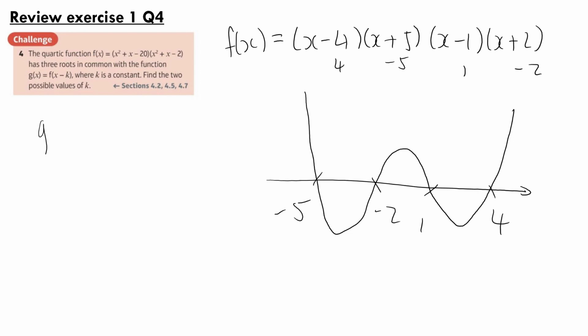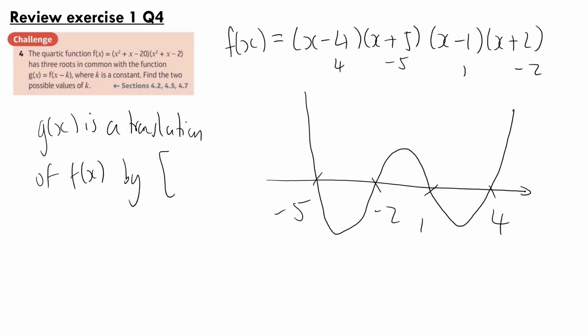And we know that g of x is a translation of the curve f of x by the vector (k, 0). So we're moving it k to the right. So if we're shifting this curve to the right, then we know that minus 5, minus 2, and 1 we move to the positions of minus 2, 1, and 4.